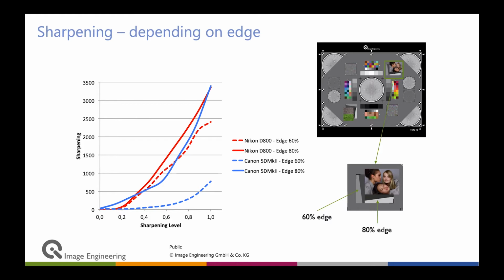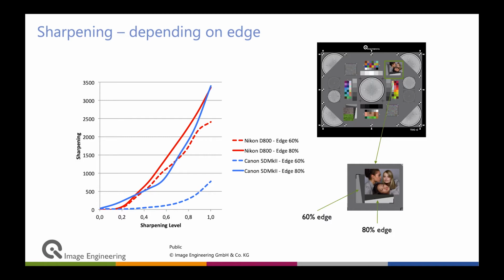Here is also an example of how this can be useful. We compare a Nikon and a Canon camera, and how different sharpening settings are measured. We set different sharpening levels in the camera and see what sharpening we measure in a test target on a high contrast and on a low contrast edge.